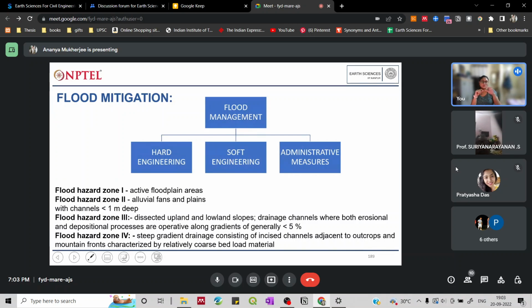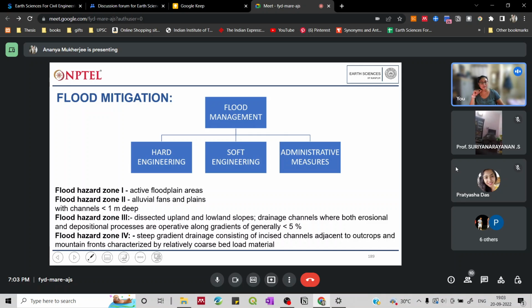We learned about the different drainage basin patterns and the different stages of the river system. That gives us an idea about how understanding these factors which influence the channel discharge, the river discharge, we can try to minimize the risk and the damage caused by floods.